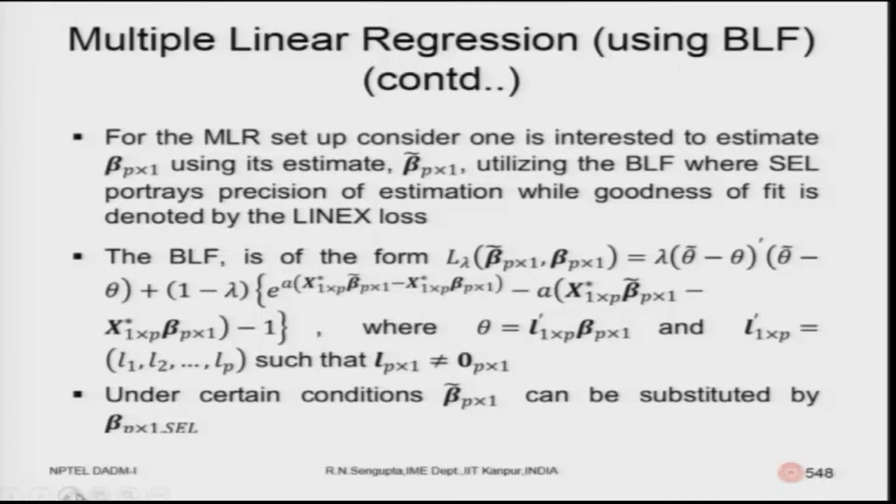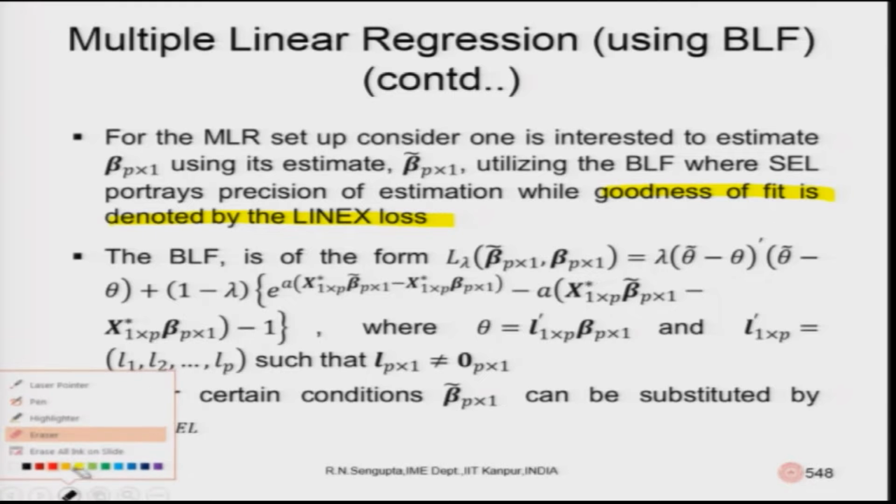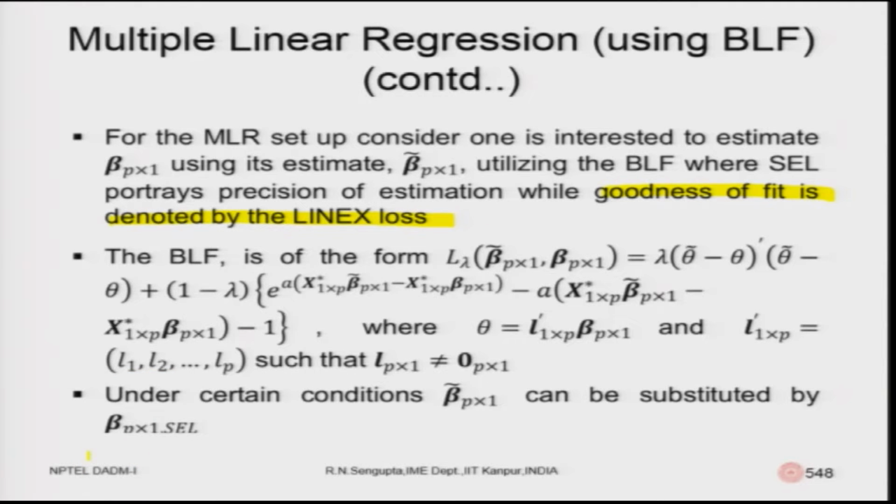Let us consider the third setup. Again I will highlight using the colors, so I will remove all of them. The goodness of fit, which was initially squared error, now uses the Linex loss. So, the goodness of fit is basically Linex loss. I will highlight that. No, this is the Linex loss, sorry, my mistake.